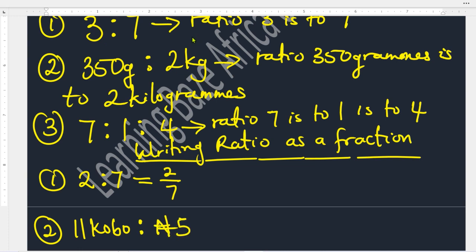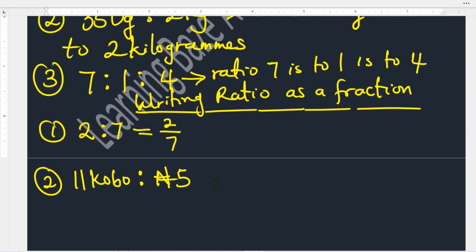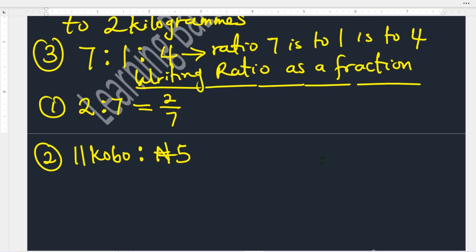Now we are meant to write ratio 11 kobo is to 5 naira as a fraction. Just write as a fraction, that's all. Ratio 11 kobo is to 5 naira as a fraction will be equal to 11 kobo over 5 naira. We've written it as a fraction.